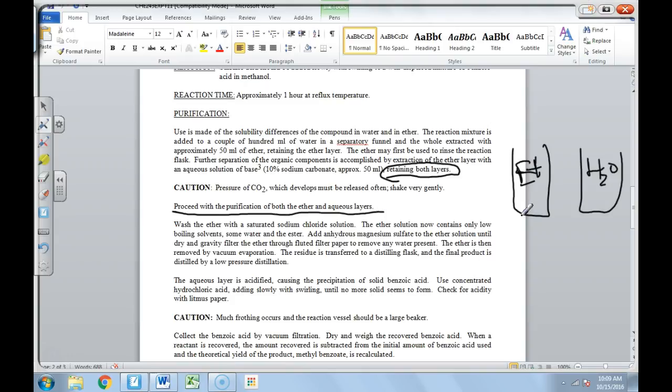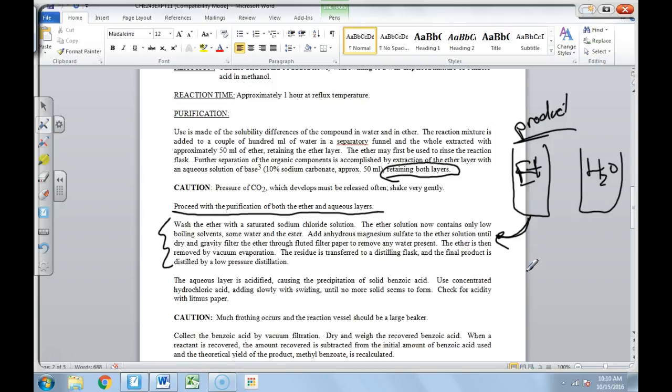So this ether layer is where your product is going to be. You want to do this with the ether layer, and that is going to give you your product.